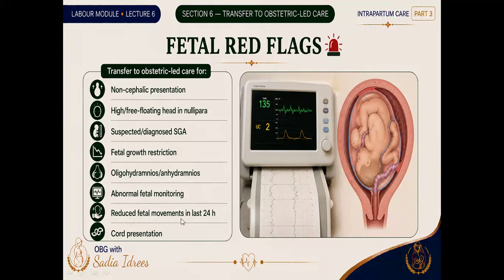Reduced fetal movements within the previous 24 hours should not be ignored simply because the woman has now presented in labor. And finally, cord presentation. That is particularly important because of the potential risk of cord prolapse, especially if the presenting part is high and the membranes are ruptured. So when thinking about transfer, don't focus only on maternal observations. Always ask, is there anything about the fetal presentation, growth, liquor, movements or fetal heart that has changed this woman from low risk to high risk?